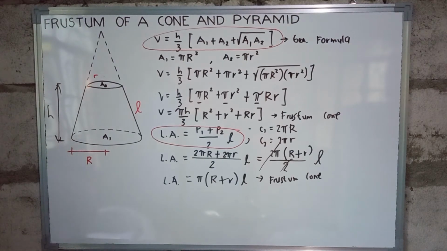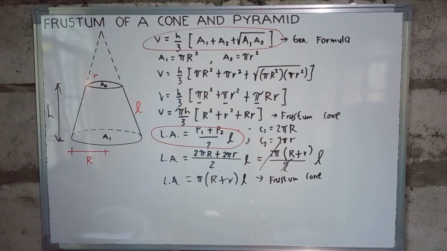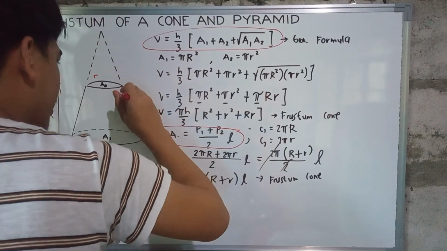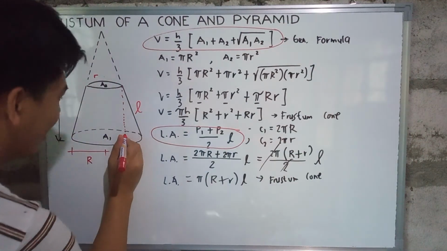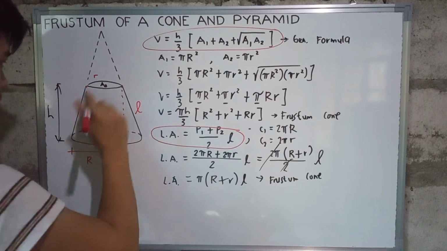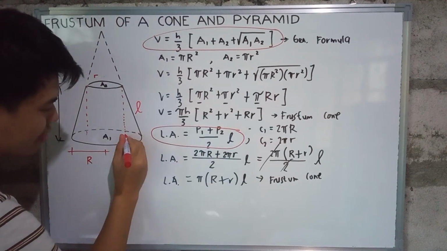So, let's say, hinahanap naman natin is yung slant height. Sir, paano po i-calculate yung slant height? So, yung mangyayari is, kung makikita ninyo, we will form a certain rectangle na kung ipo-project natin sa baba, si A sub 2 mangyayari is magkakaroon tayo ng triangle dito.